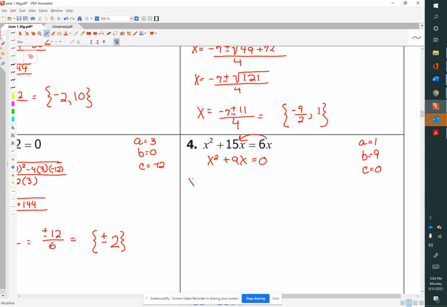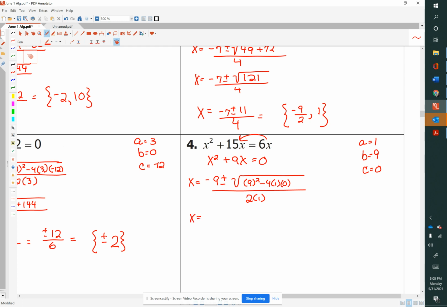So we'll start our substitutions. So it's negative 9 plus or minus the square root of 9 squared minus 4 times 1 times 0. Okay, all of that divided by 2 times 1.